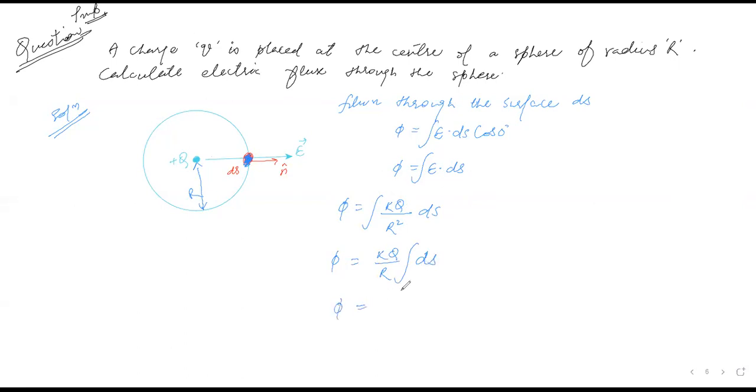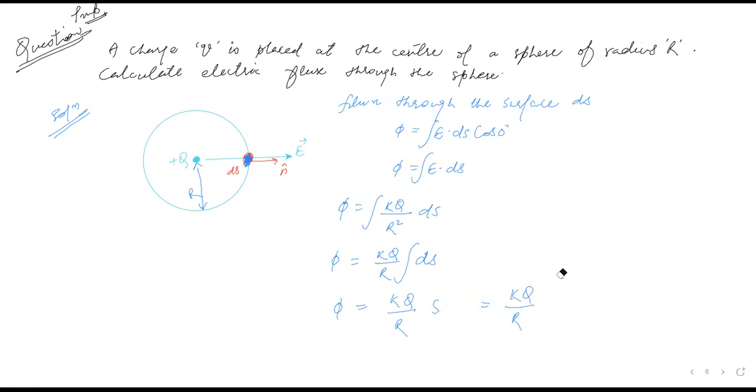When you integrate just ds, you get the total area S. And what is the total area of S? You already know the area of the sphere is 4 pi r square.